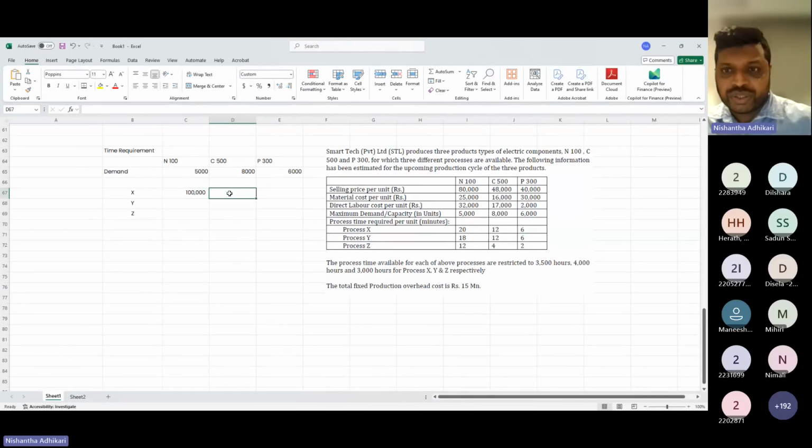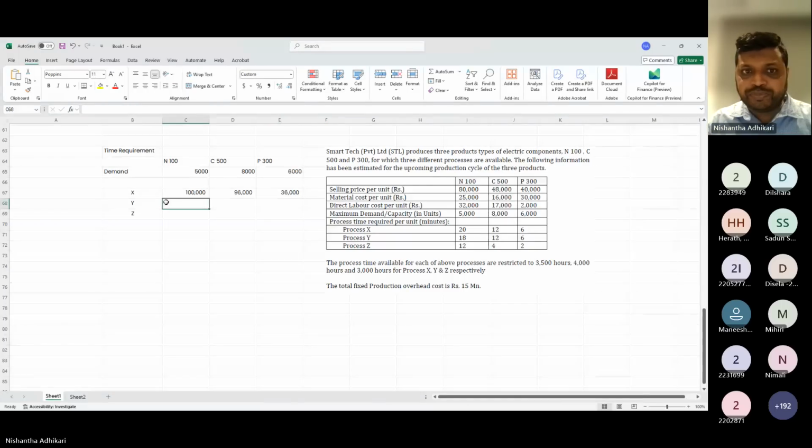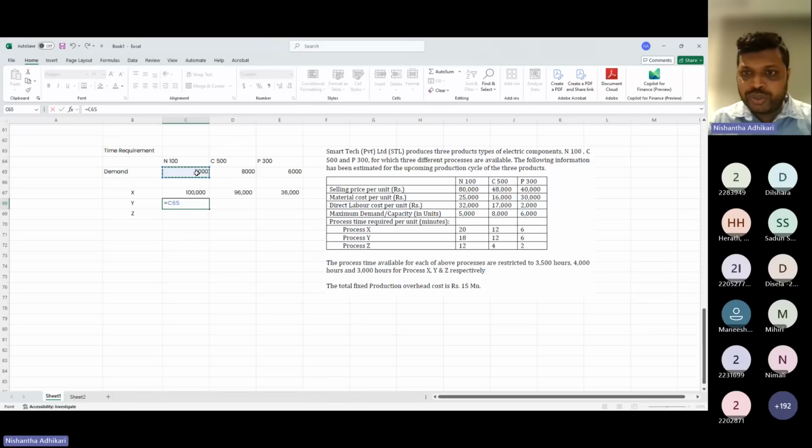Then process X, C500 requires 12 minutes into 8,000. P300 requires 6 into 6,000, which is 36,000. Y: 5,000 into 80, 8,000 into 12, then 6,000 into 6.